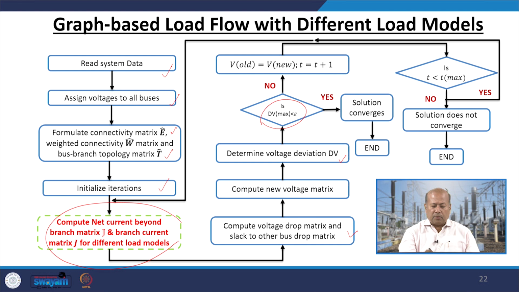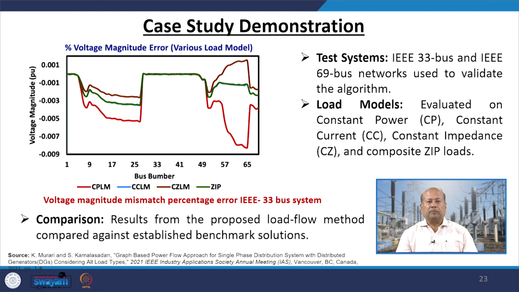If it is less than epsilon, then the solution has converged. If not, you reiterate with new parameters, and if no solution exists, you go back to the same point and start computing the net current beyond branch matrix and branch current matrix for different load models. Repeat the cycle till you completely converge.